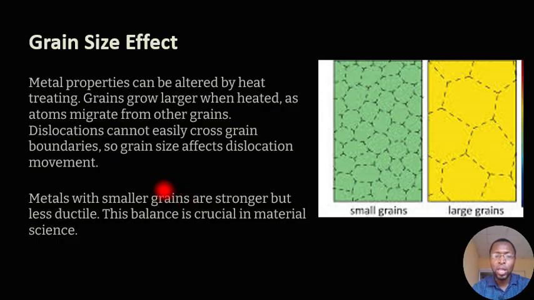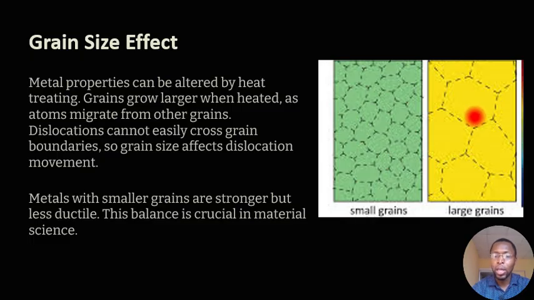In other words, it is ductile. When we say they are ductile, that means you can easily bend them, but they are not strong. So metals that have bigger grains are not strong.